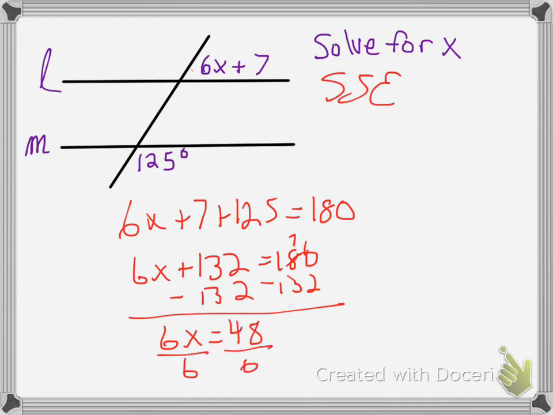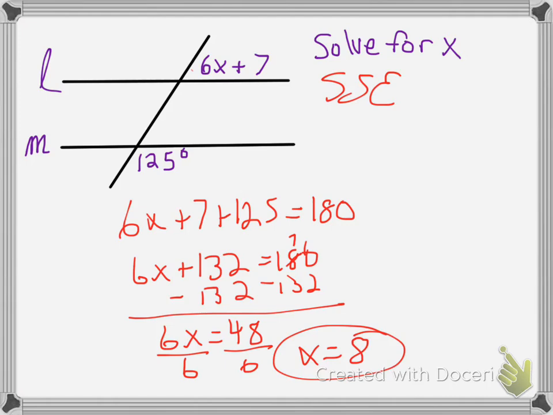Divide by 6. That gives me x equals 8. Now, if you set those equal to each other, you would get it wrong. So, the main thing you've got to take away from this is to pay attention to the relationships between the angle pairs. Okay, that's going to be on your study guide.